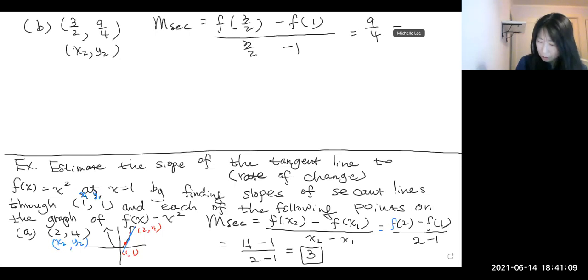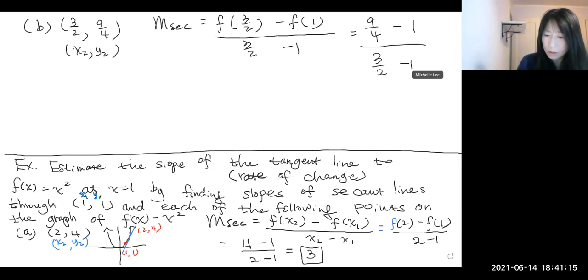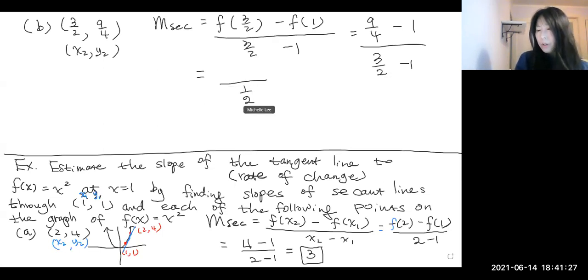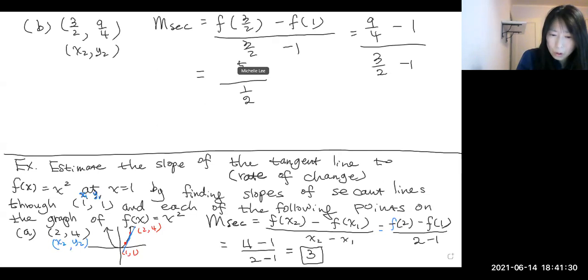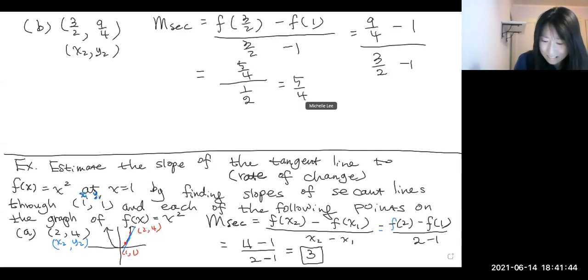F of 1 we did earlier, which is 1. The denominator, which is 3 over 2 minus 1, is 1/2, right? The numerator, we have 5 over 4. So what do you get? 10 over 4. So we get 5 over 2, right?